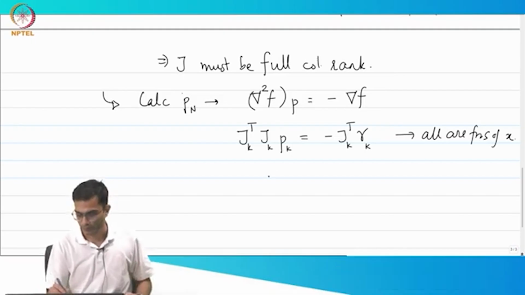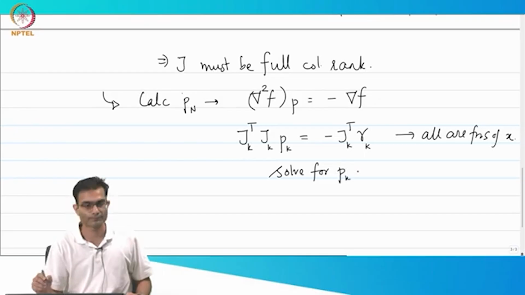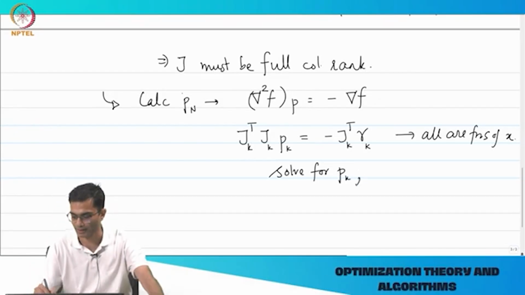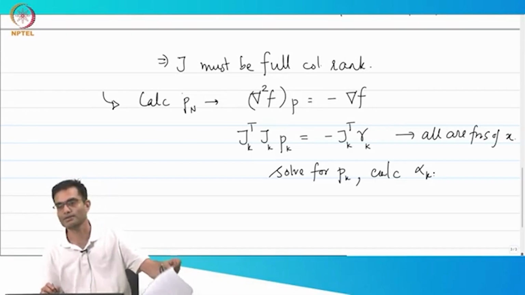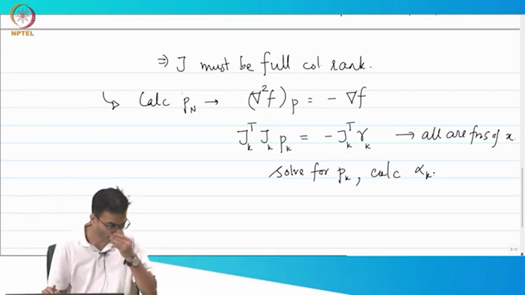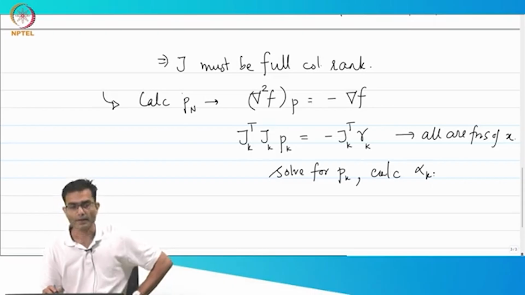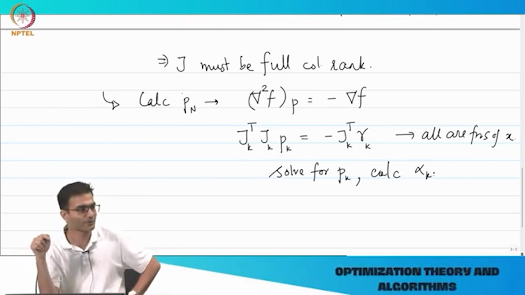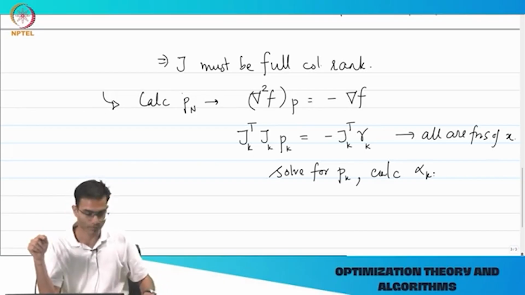So we need to solve for pk. Once I get this, I calculate the step length. Calculating the step length moves me to the next point, and convergence is of course norm of grad f tending to 0. That's how the usual Newton method works.